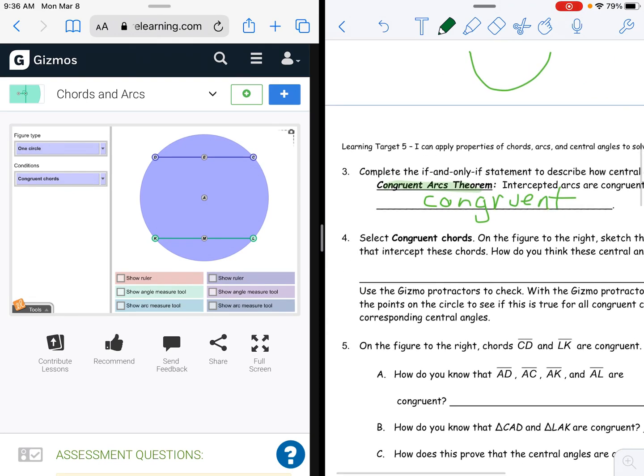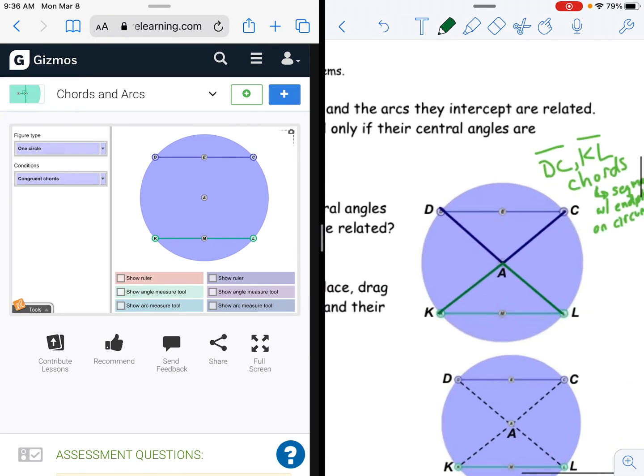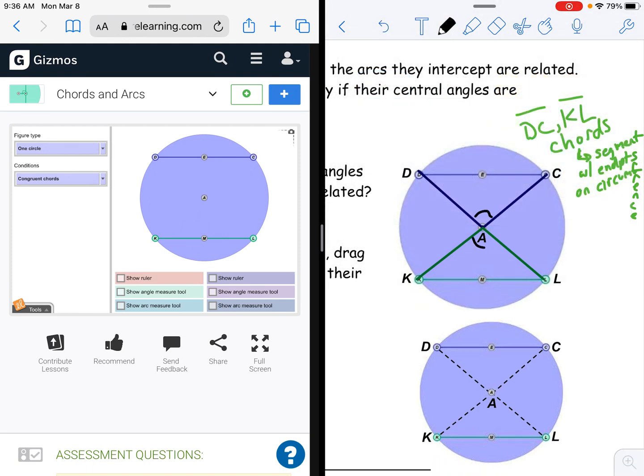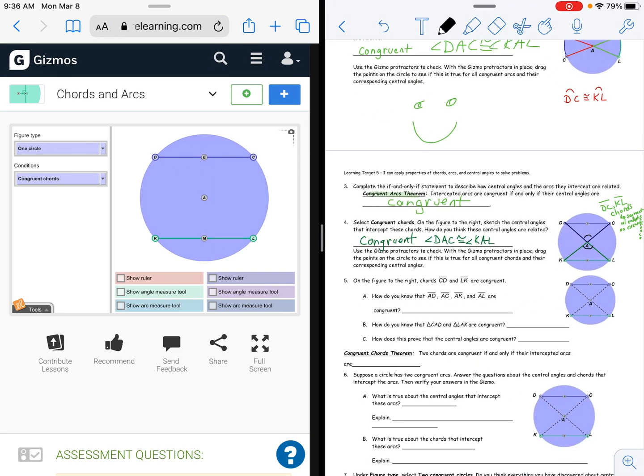I'm going to say congruent. I'm going to predict that angle DAC is congruent to angle KAL. And remember, this is the notation when you see these little arcs right here. That means congruent. Don't you forget that.